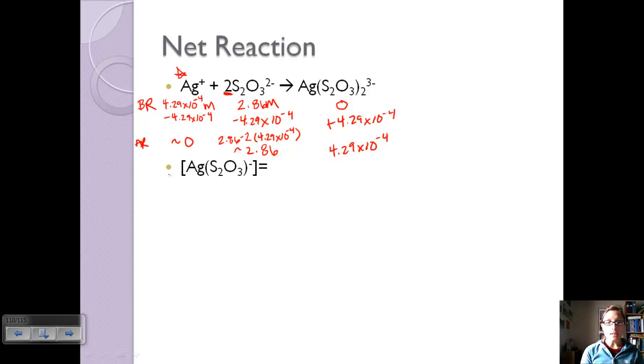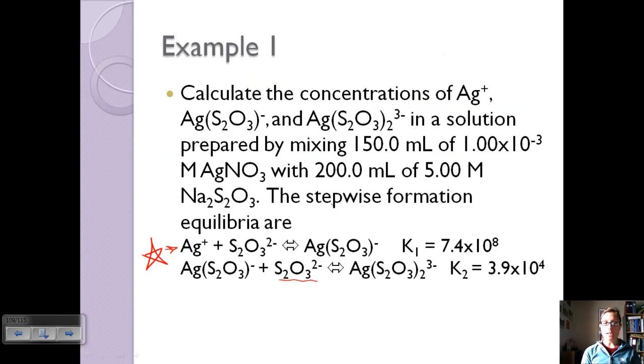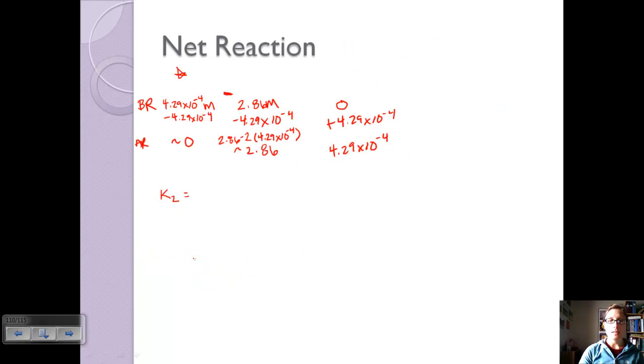Well, if we look at our K2, and if you remember, let's go back to that reaction real quick. Okay, here's our K2. So this is our product, and here are our two reactants. We know this already, and we know this, so we can use the K2 value to solve for this one. So let's go back there. There we go.